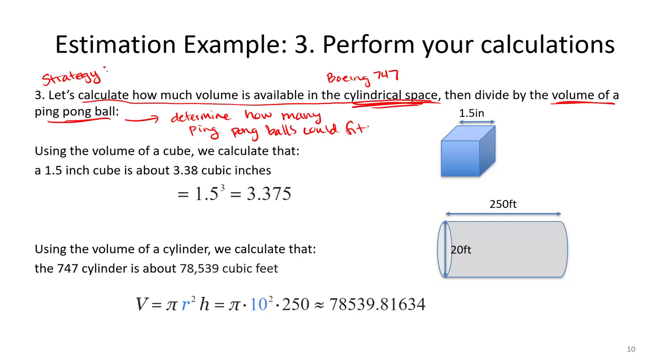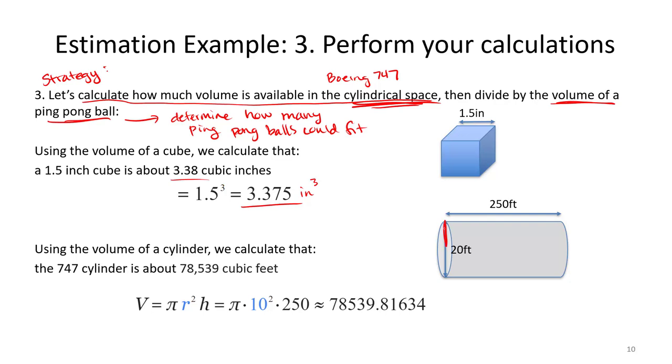If we use the volume of a cube, with a 1.5-inch cube, our volume will become 3.375 cubic inches, or approximately 3.38 cubic inches. Next, we can use the volume of the cylinder.